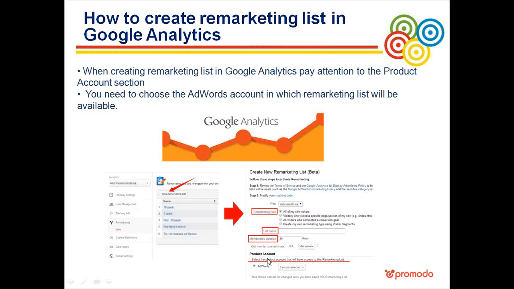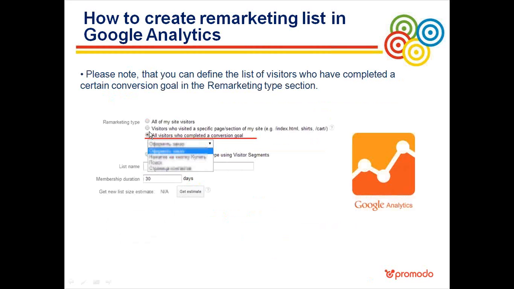That is very essential. And as I just mentioned about conversion goals, here in remarketing type, you can select all visitors who completed a conversion goal. If you have set up conversion goals for your website, you can select which one is interesting for you, and by which criterion you would like to segment your audience.